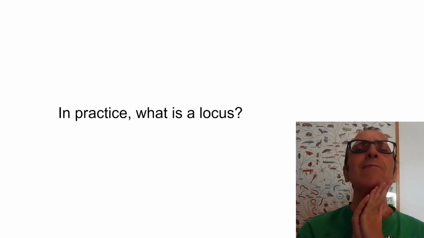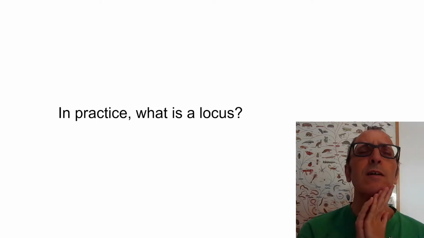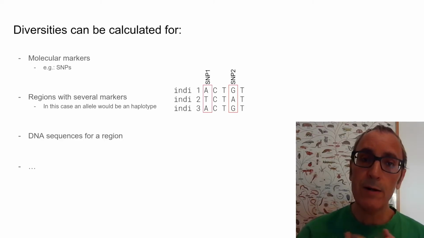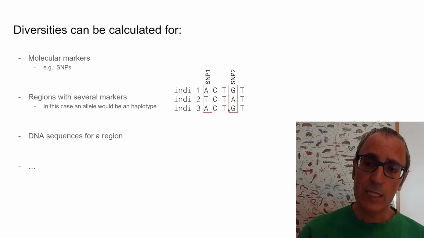I've been talking about markers and loci, but in general, a locus could be different things. It could be a marker. For instance, we could have two SNPs, two genetic markers, and the locus could be that, and we could calculate the diversities for each SNP, and then we could do the average.